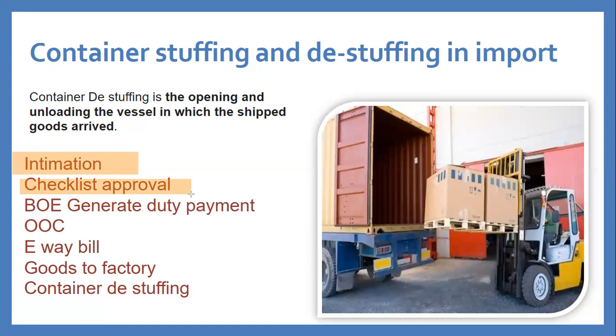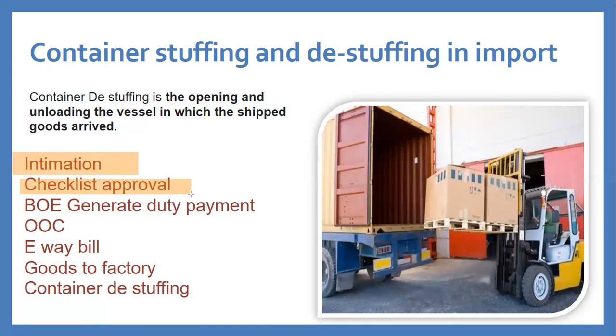We have to check all the details mentioned in the checklist against the commercial invoice given by the supplier. All the details must match the commercial invoice, like buyer address, seller address, value of the goods, net weight, gross weight, item descriptions, GST and AD code. These things need to be checked properly.